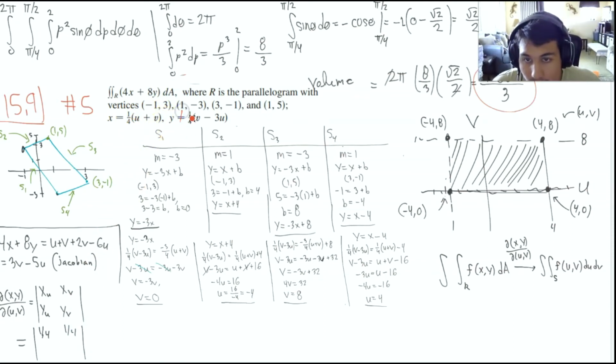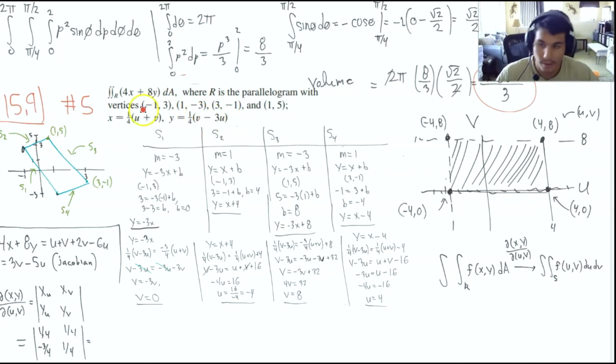Okay, the derivative of y with respect to u, and it's just u, it's just going to be negative 3/4. And similarly with v, it's just going to be 1/4.